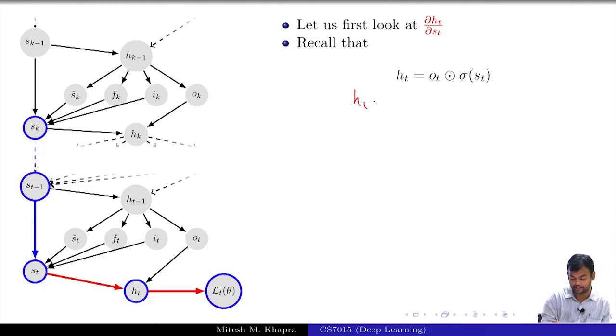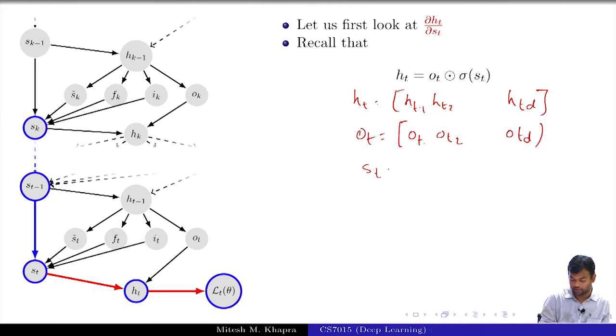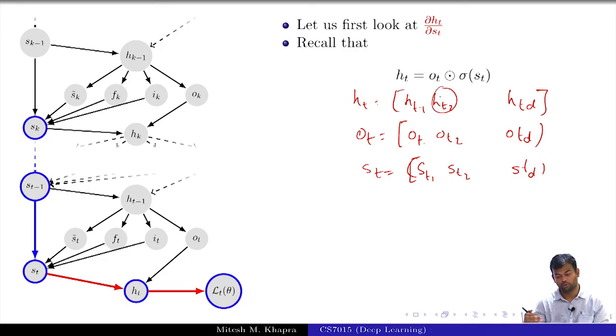So remember that HT is equal to HT1, HT2 up to HTD. Then you have OT equal to OT1, OT2, OTD, and ST equal to ST1, ST2, STD. So HT2 depends only on OT2 and ST2, right? It does not depend on any of the other STs.